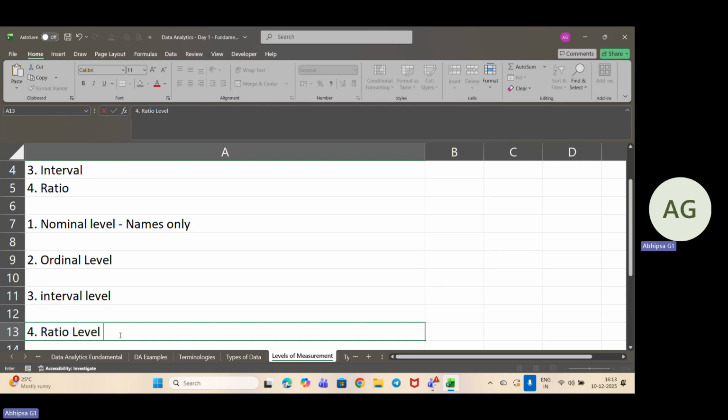So ratio is equal to interval plus true zero value plus all of the math working. If I need to tell about the ratio level, ratio is equal to interval plus true zero plus the mathematical calculation.